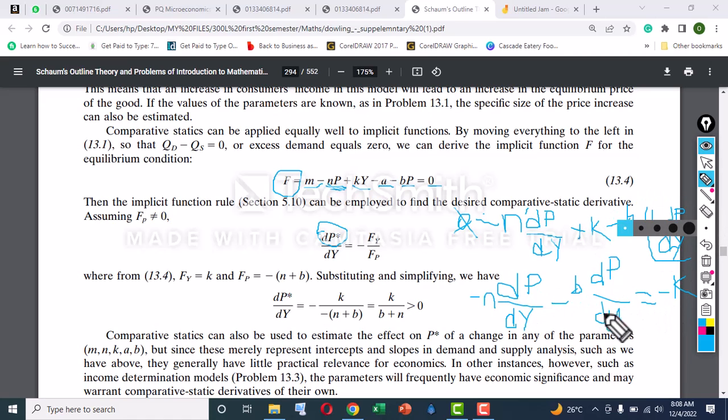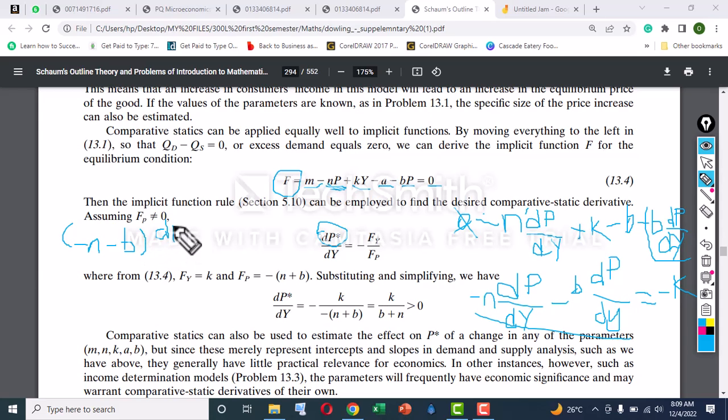So dp dy is common here, so make dp dy the subject of formula. So we are going to have minus n minus b, then everything times dp dy.